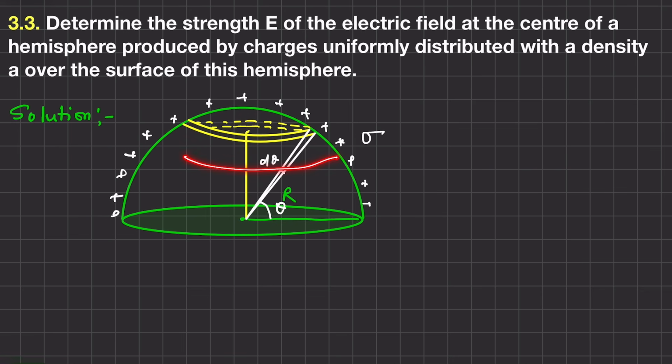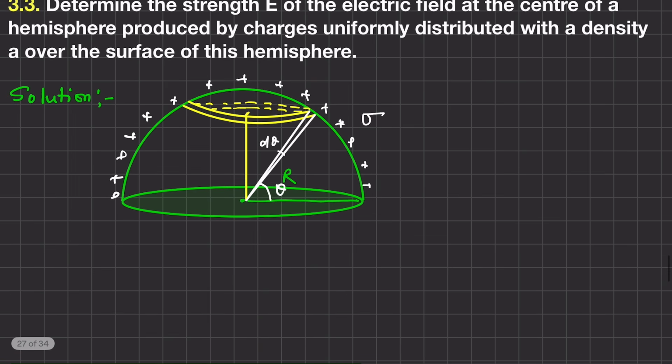And similarly for all the other elements also it is going to be in this direction only. So it means we don't need to do any kind of vector calculation, where things would get complicated. Just what we have to do is calculate the electric field due to this ring element on this axis, at this point, then use the same idea for the other elements, and then integrate. Okay, so a very simple approach. I hope till this you are with me.